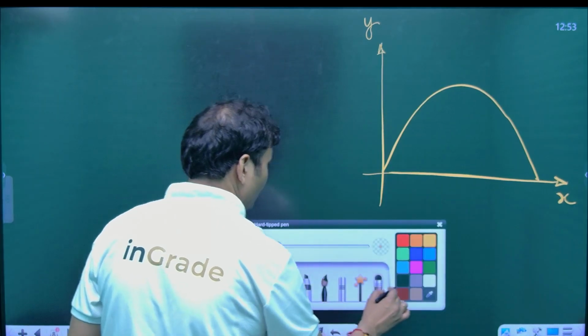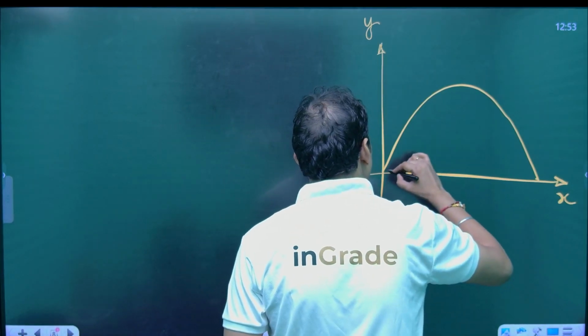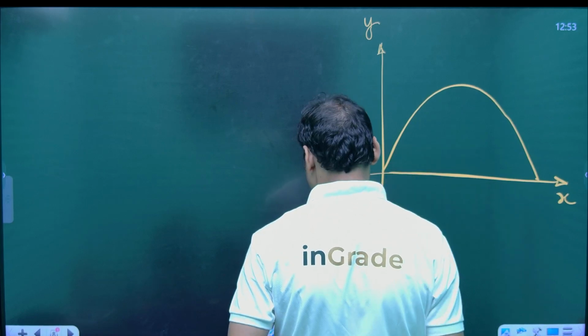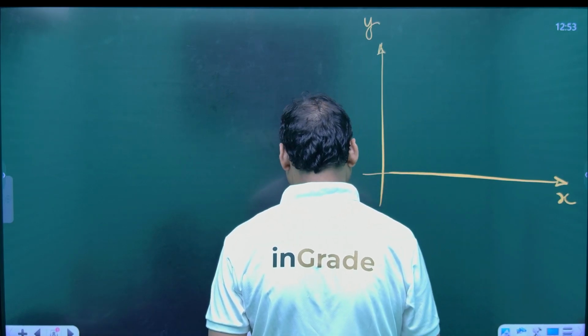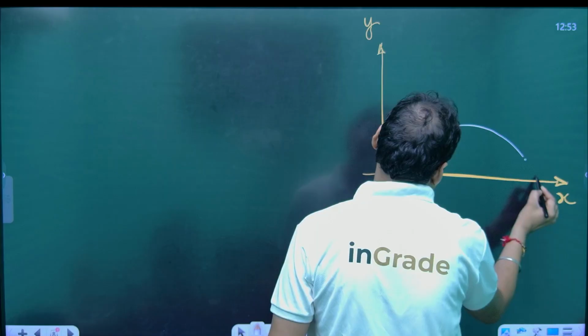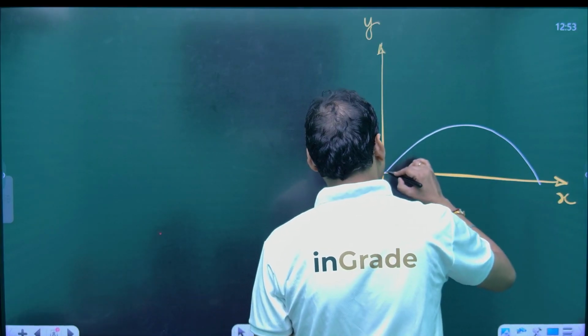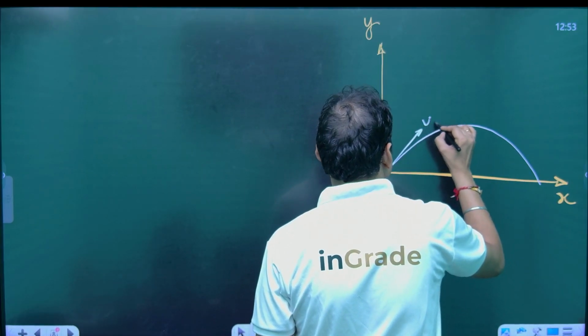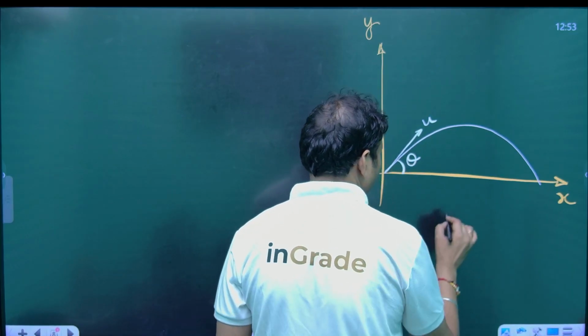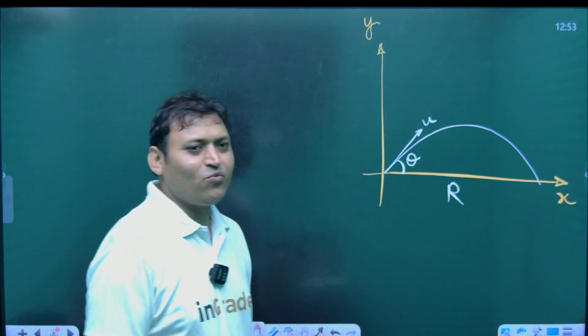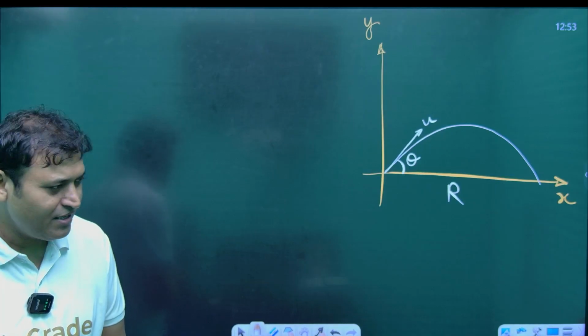Now look, when the particle is thrown with the velocity U, making an angle theta, then the range will be equal to U square sin 2 theta by g.